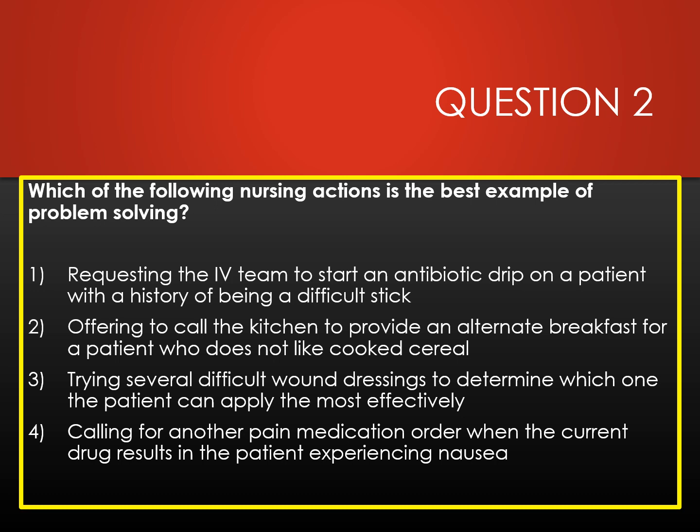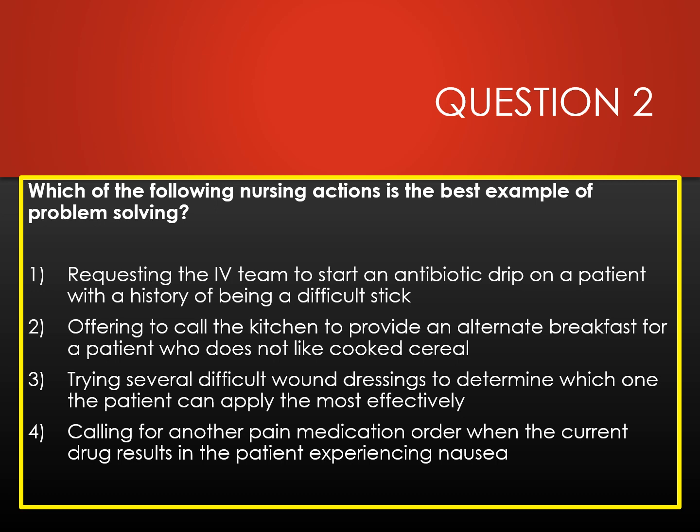Okay, this is actually the last slide. Which of the following nursing actions is the best example of problem solving? Requesting the IV team to start an antibiotic drip on a patient with a history of being a difficult stick. Okay. If they're a difficult stick, you may want to ask the IV team.